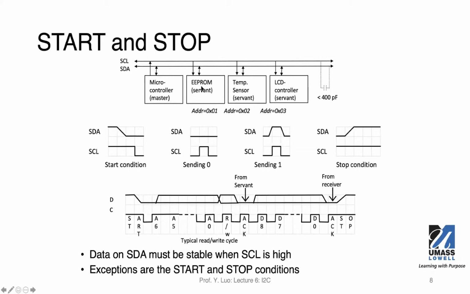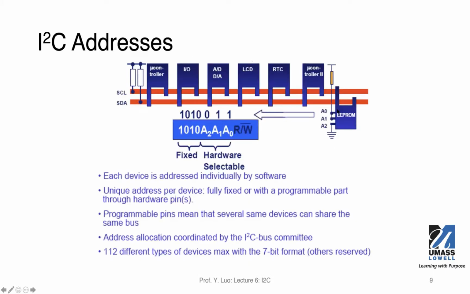For example, this EEPROM, you expect only reading data from this device. Also, for the temperature sensor, you read data from it. But there could be other I2C devices. You do both read and write. So let me move on to the next slide.